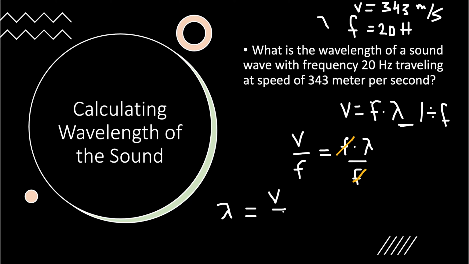And now we can plug in everything. So v is 343 meters per second, divided by the frequency, 20 Hz. But the hertz we already know, instead of 20 Hz, we can write 20 times 1 over second here.